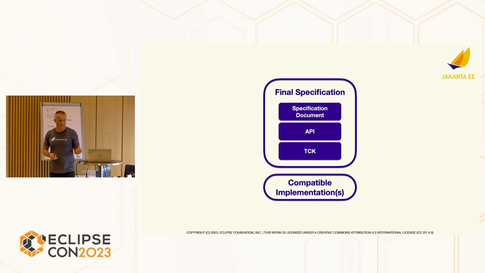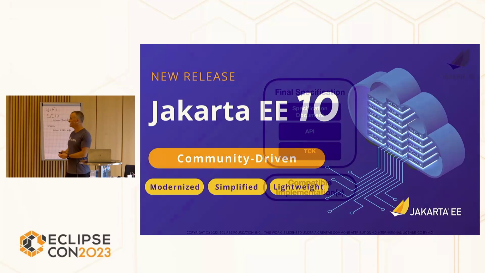And we have a test compatibility kit, or TCK, that validates that an implementation fulfills the requirements of the specification. And when it does, it is a compatible implementation. We need at least one open source compatible implementation to make a final specification, and we can have as many compatible implementations as people want to make. But we need at least one.